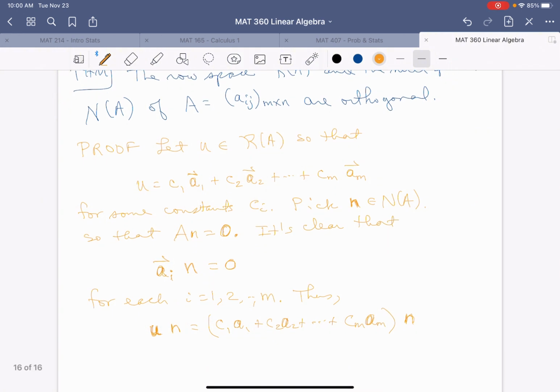And then using properties of the dot product, we can write this as the sum. Basically, we're just going to distribute. So we can write this as the sum of ci times Ai's dotted with n, and that says i goes from 1 to m.